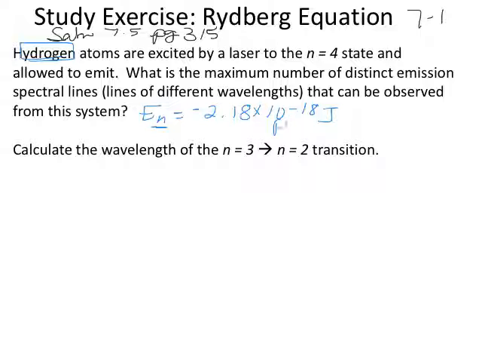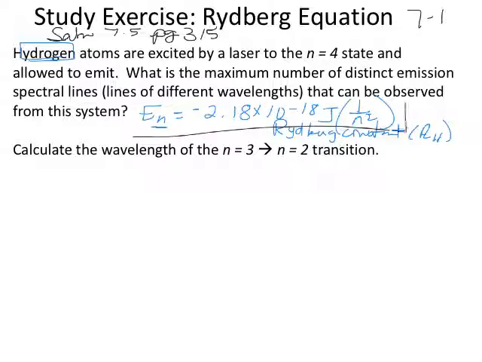That is the Rydberg constant, R sub H, also given to you on your periodic table. The equation is basically the constant times 1 over n squared, and n can be discrete integers: 1, 2, 3.